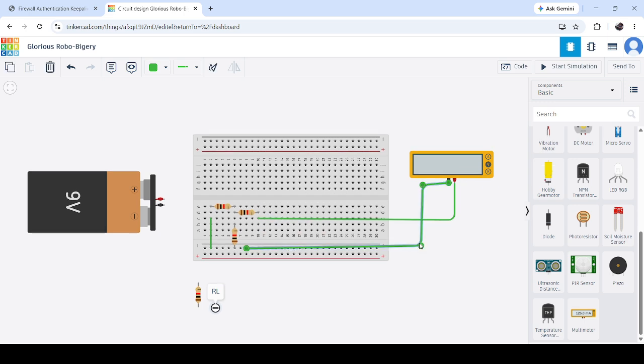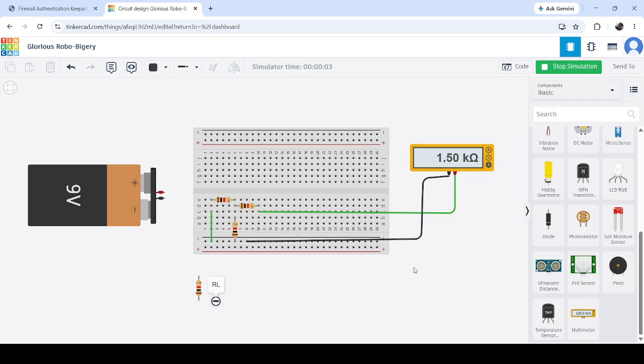Okay, you may also change the color accordingly. Now here we need to identify the resistance. So we will keep the resistance over there and identify it with the help of simulation. So here we got our Norton's resistance, 1.5 kilo ohm. Okay, this is the value of our Norton's equivalent resistance.